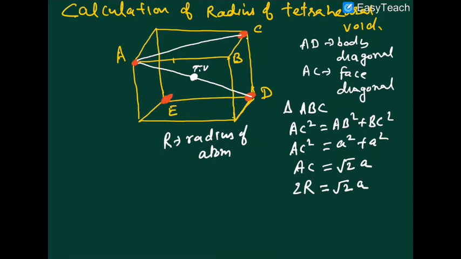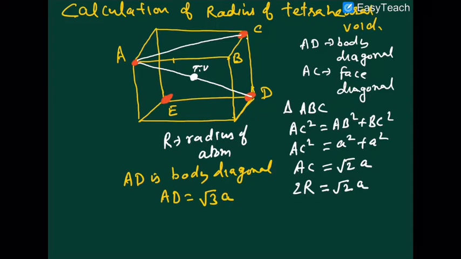Now in the same figure, you can easily observe that AD is the body diagonal. What is the body diagonal equal to? It is equal to root 3 times a. Now what does AD have?